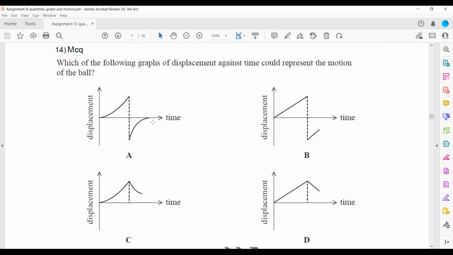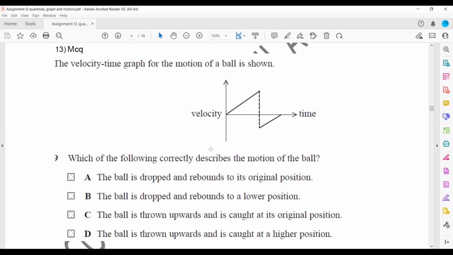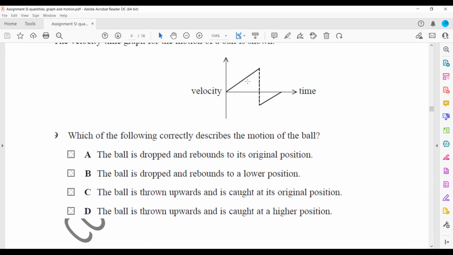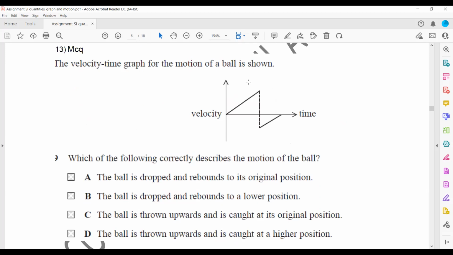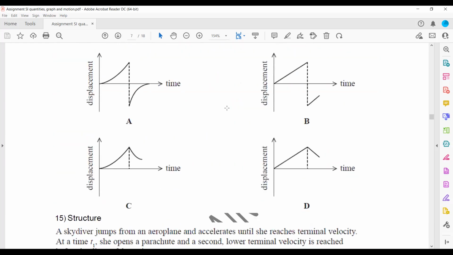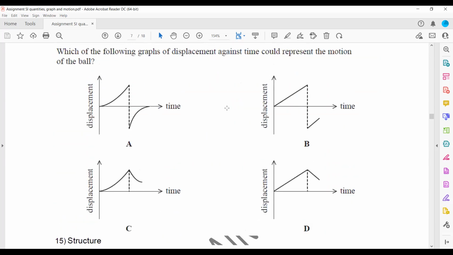This question is actually related to question 13. That one is a velocity-time graph, and now we have a displacement-time graph.